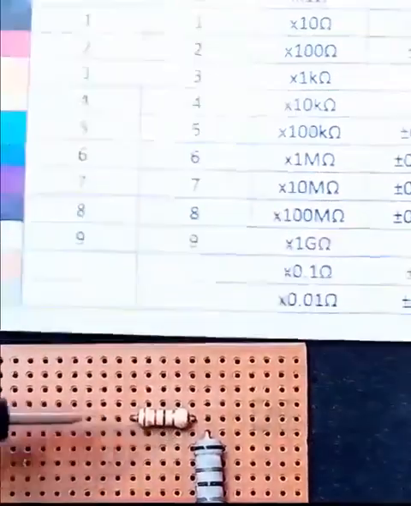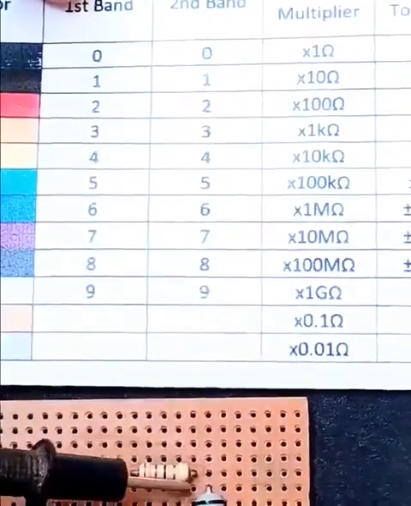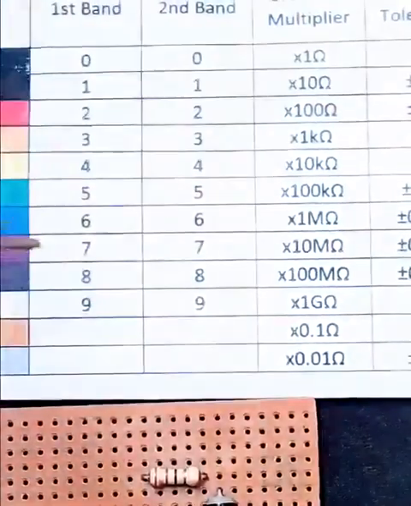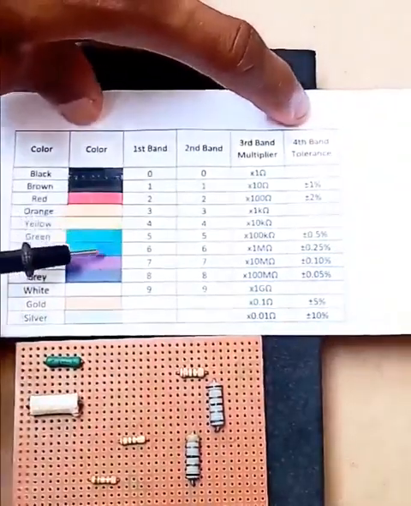Okay, I'll go over it again. We are working with a resistor with 4 color bands. That is why we are referring to the 4th band tolerance chart.